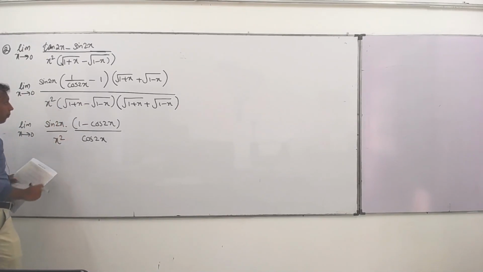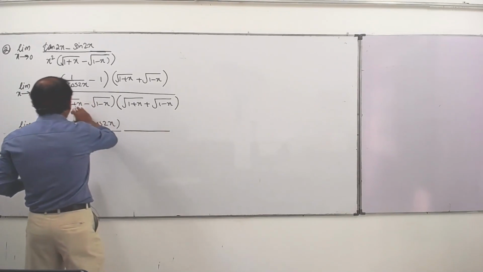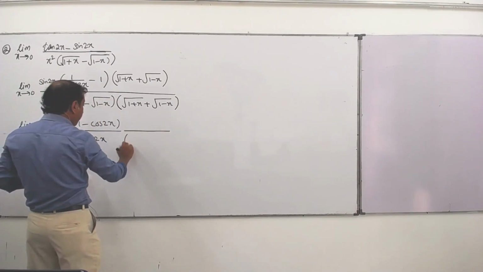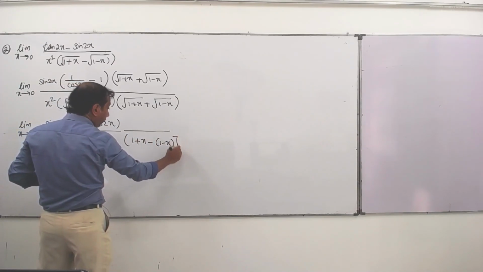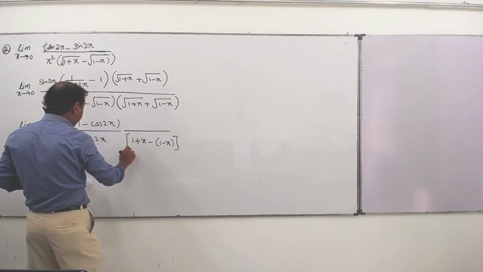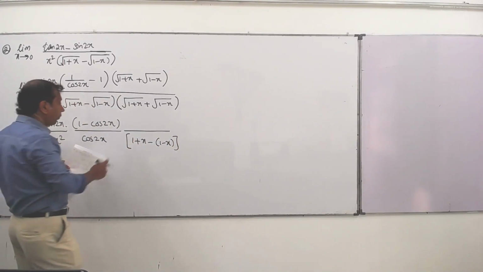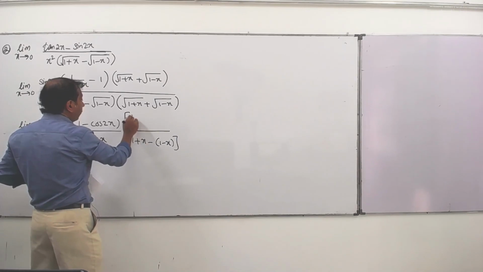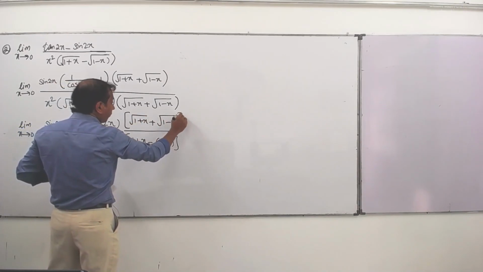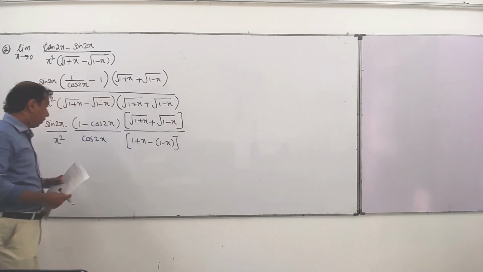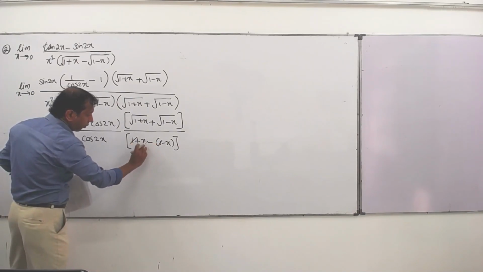And here we have a minus b times a plus b is a squared minus b squared: 1 plus x minus 1 minus x. And here we have root 1 plus x, root 1 minus x. Now here this 1 and minus 1 you can cancel out. Here we get 2x.